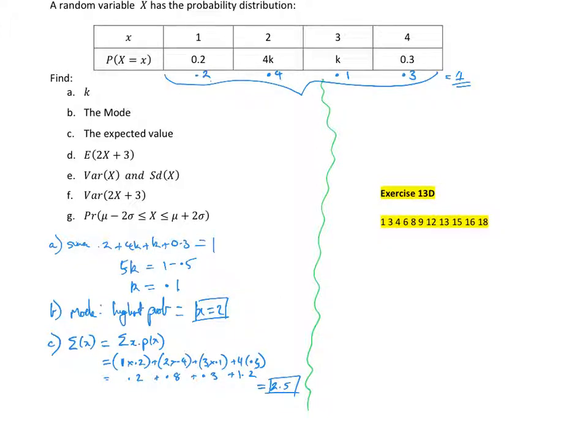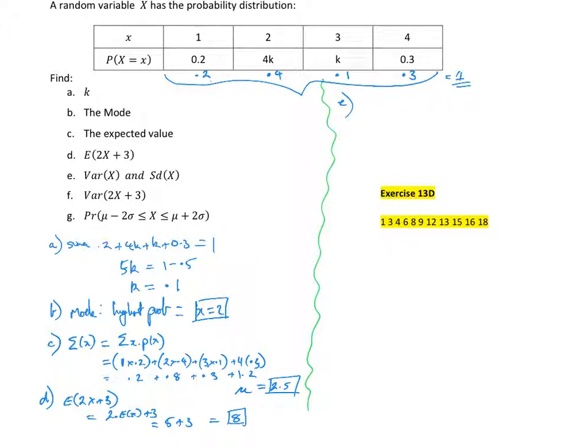So there's my expected value, which we sometimes write as mu. So for D, the expected value of 2x plus 3 is simply 2 times the expected value of x plus 3, which is 2 times 2.5, which is 5, plus 3, which is 8.